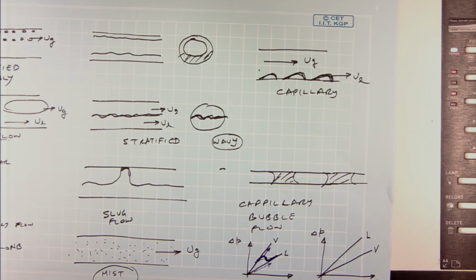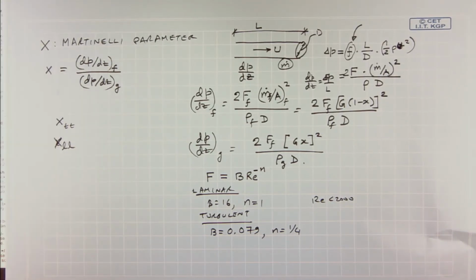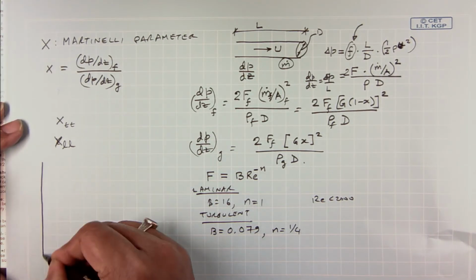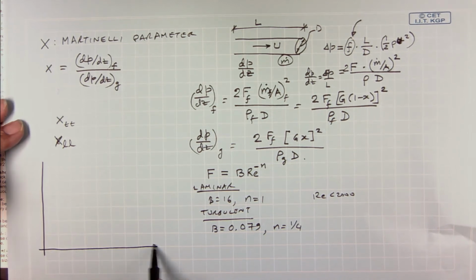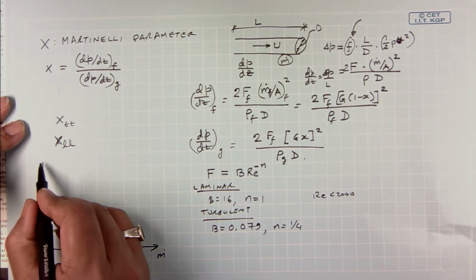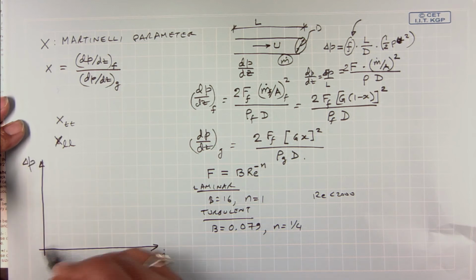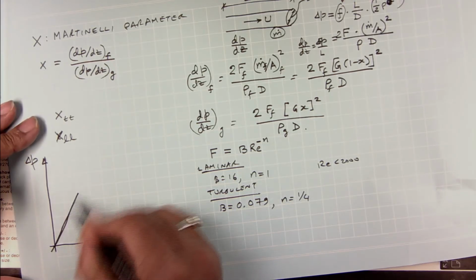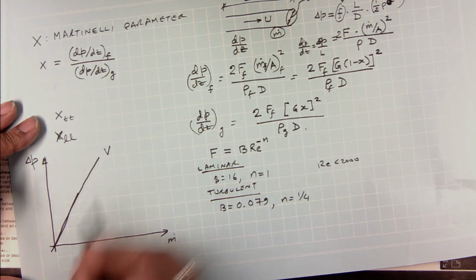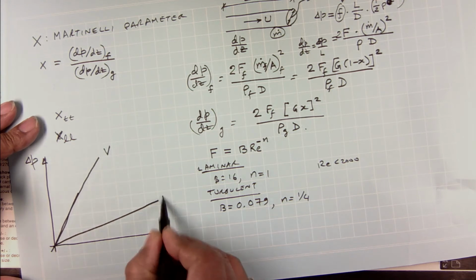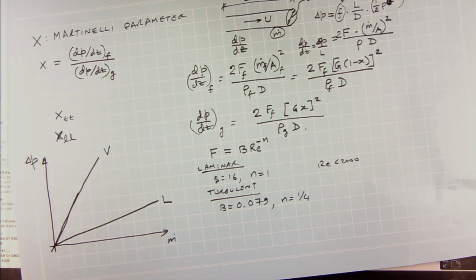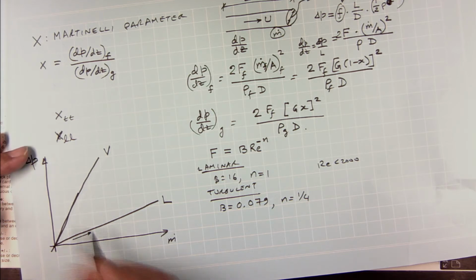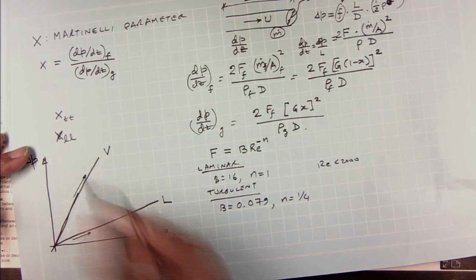Let me draw it out on a bigger piece of paper. So, this is my vapor plot, this is my liquid plot, and at some point I am going this way, and then at some point I have to go on this graph.